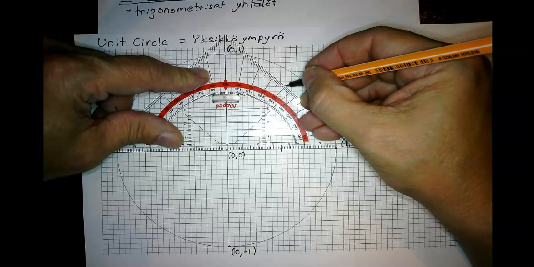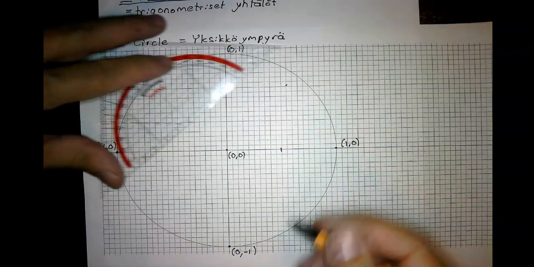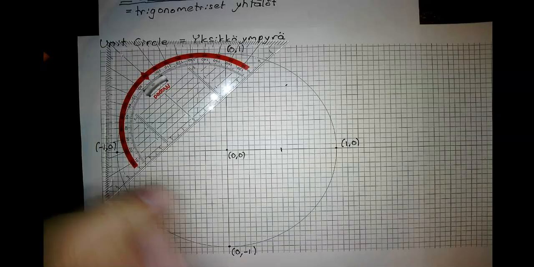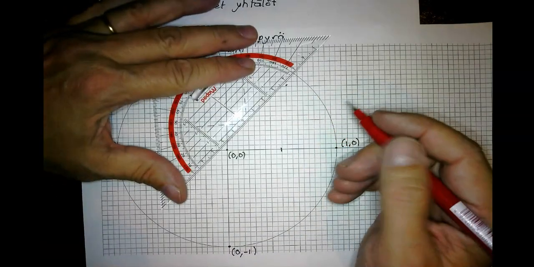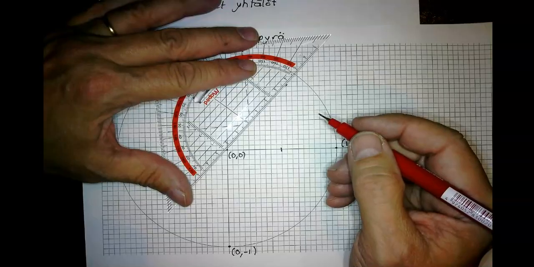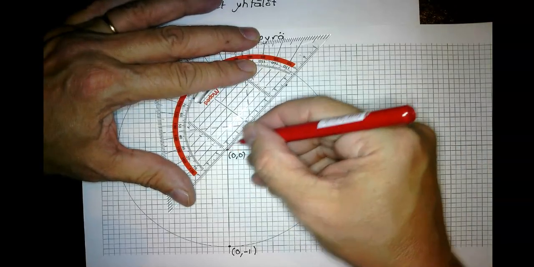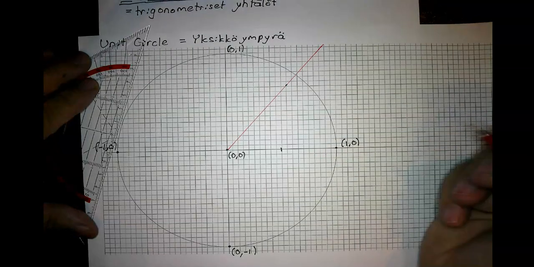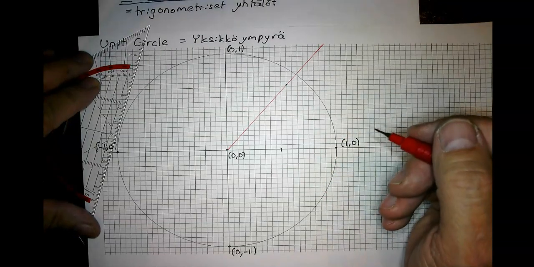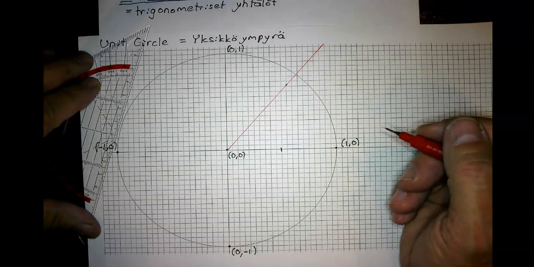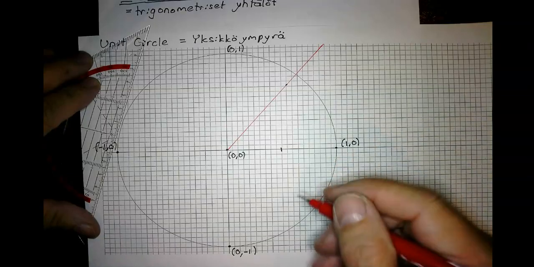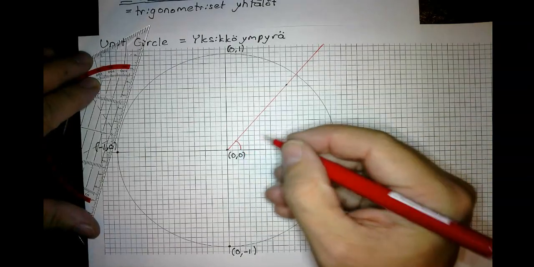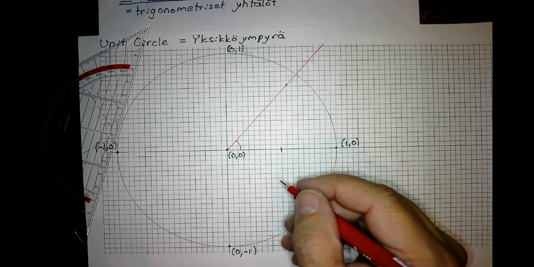It is somewhere here, so I will use red color, and this is about 50 degrees, this angle here. And now I see that I made a bad choice, but no, let's not care about that.